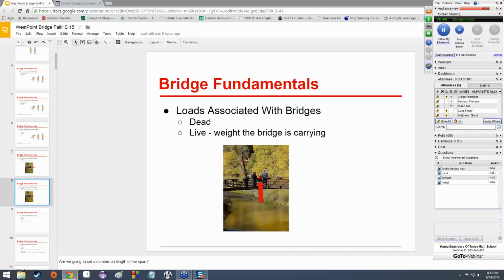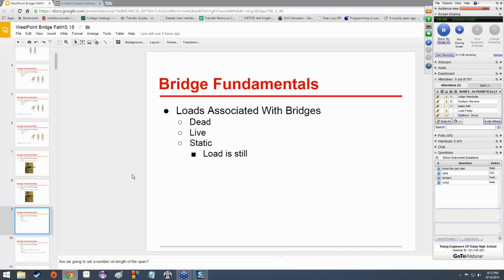Like, again, these people, for instance. When they're just standing there and staring at that stick off in the distance, they are a static live load. They add to the weight that the bridge has to carry when you take into account that the bridge always has to carry its own weight. But they aren't moving anywhere.